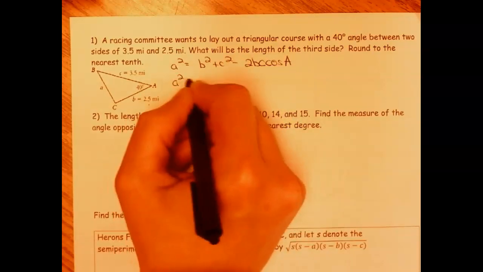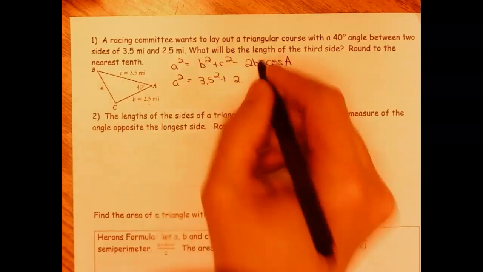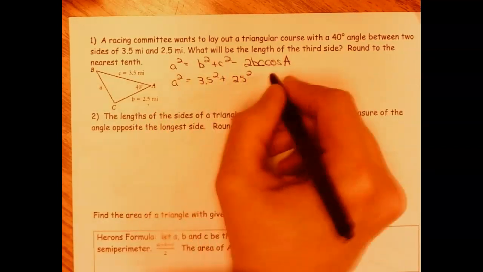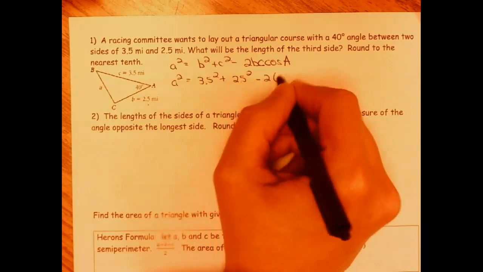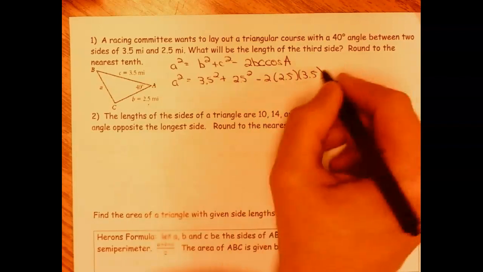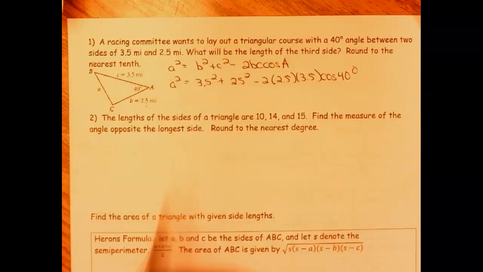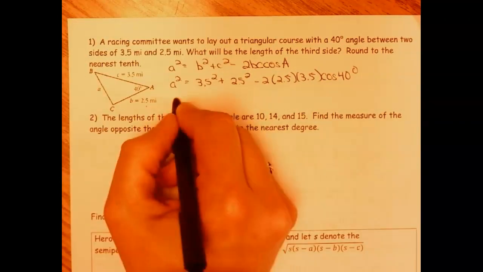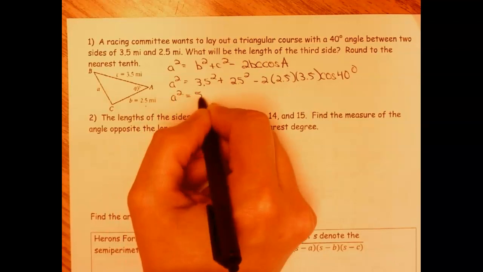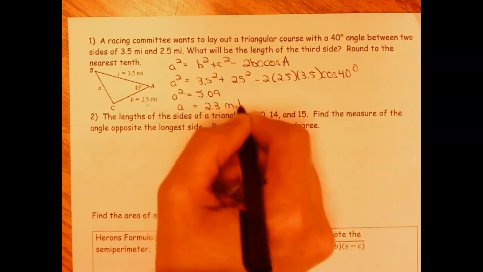In this particular case, we've got 3.5 is our b, 2.5, and the order doesn't really matter there. 2 times 2.5 times 3.5 cosine of 40 degrees. The nice part is I get to plug all of that in directly into my calculator. When I do that, you should get a squared equals 5.09. I take the square root, and I get 2.3 miles.